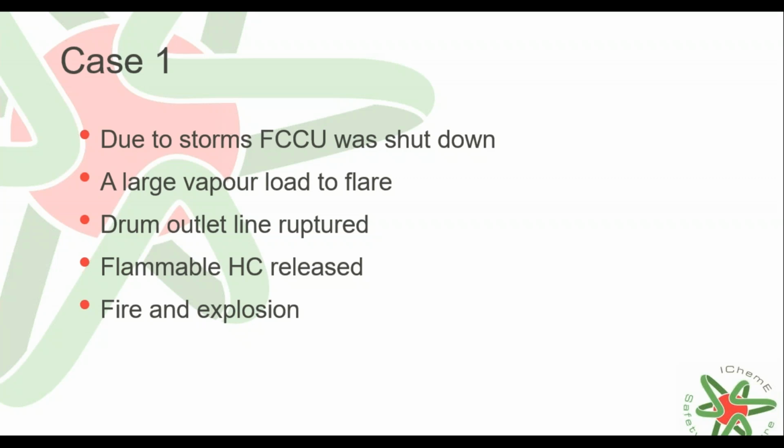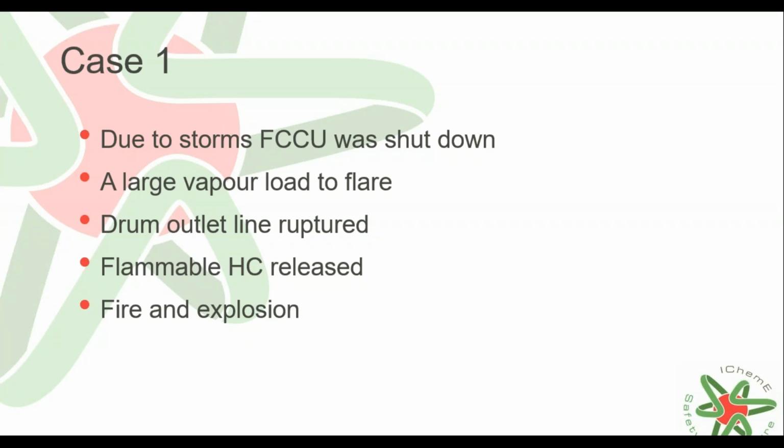Now, as a result of the wet gas compressor shutdown, there was a large vapor load on the FCC flare system, which eventually led to a high liquid level in the flare drum. When the hydrocarbon liquid overflowed into the outlet line of this drum, the line ruptured due to mechanical shock, and approximately 20 tons of flammable hydrocarbons escaped.